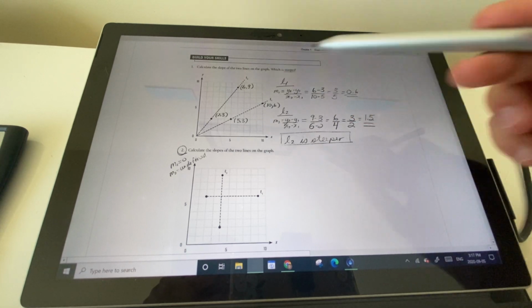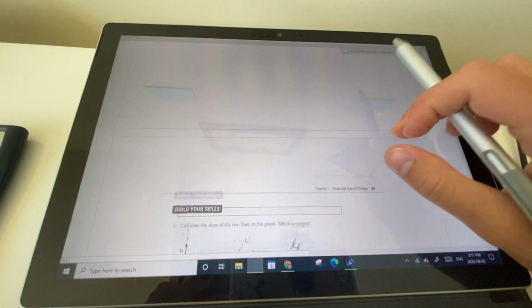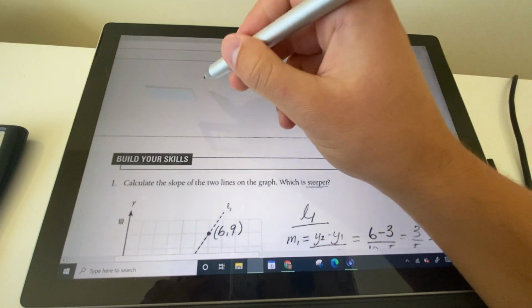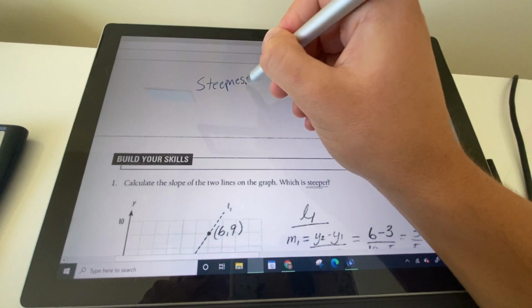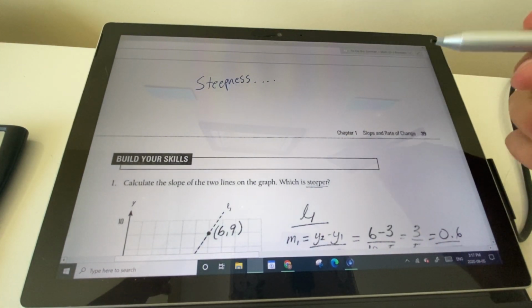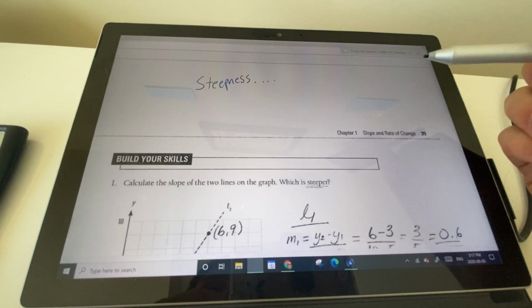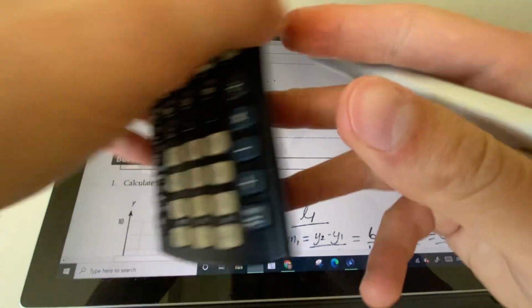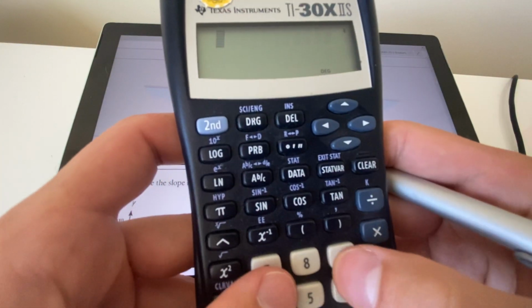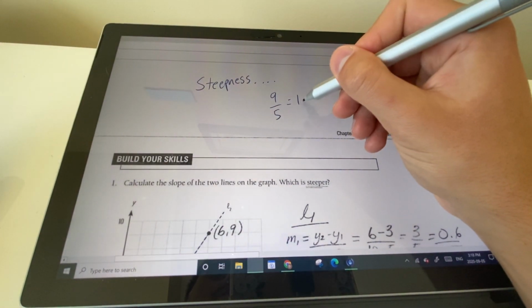which one is steeper? What does steeper mean? Okay, the amount of steepness, let's write up here, steepness. So remember, we can plug in our slopes and get a decimal number. So like that last one, 9 over 5, we could plug that into our calculator. 9 divided by 5 gives us 1.8.